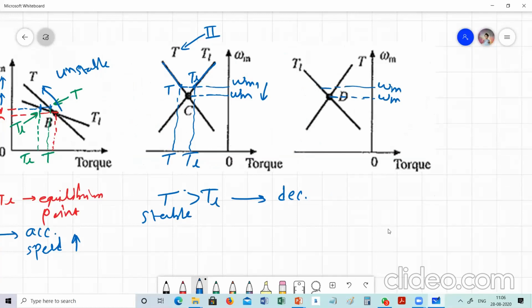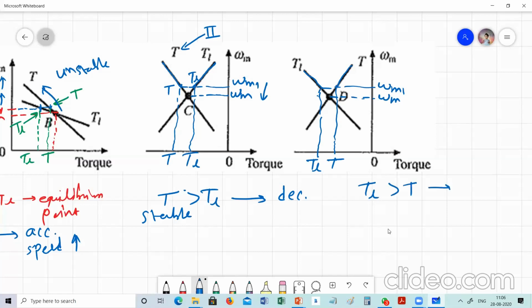This is the load curve and this is the motor torque curve. At the new speed omega m1, this is the value of load torque and this is the value of motor torque.